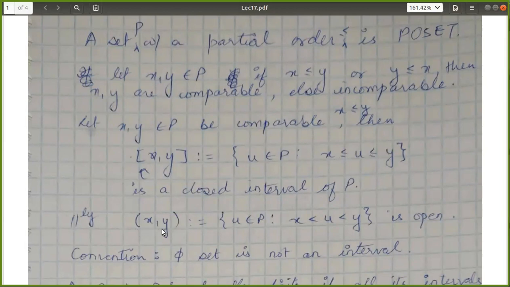Something like this is an open interval in the POSet P. And by convention, the empty set is not a closed interval. The empty set you can achieve through an open interval by putting (x, x) with round brackets, but here you do not allow that. So whenever you define the closed interval, you assume that x is less than equal to y.